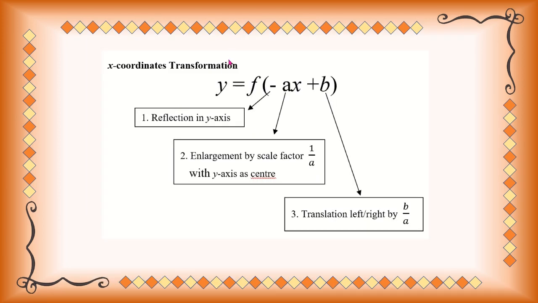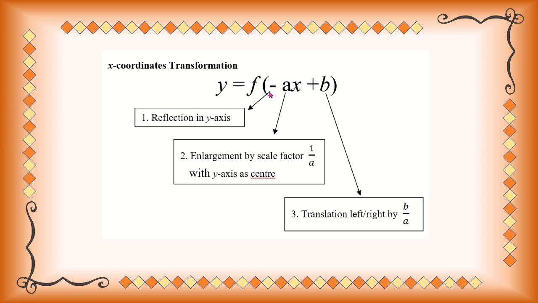Now there are two kinds of transformation. One is x-coordinate transformation. The next one is y-coordinate transformation. So in this video, we learn about x-coordinate transformation. When you're given a function, first you need to double check whether there is a negative in front of the x variable.